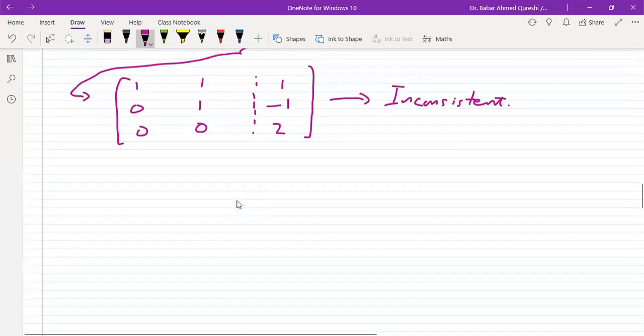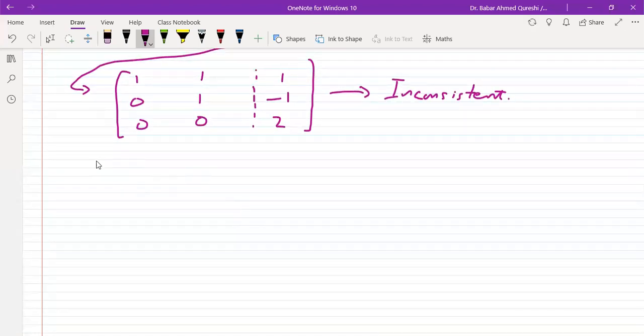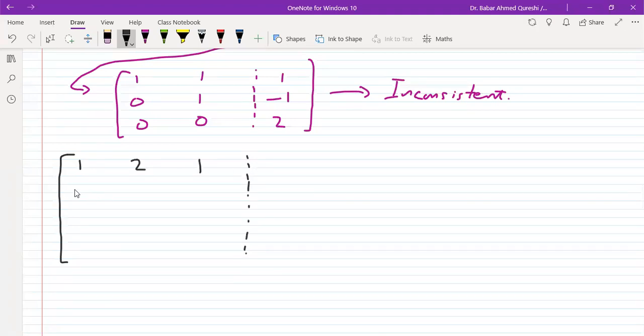The second matrix, now I'm not gonna perform the calculations. I'm just gonna write what you get as an answer.